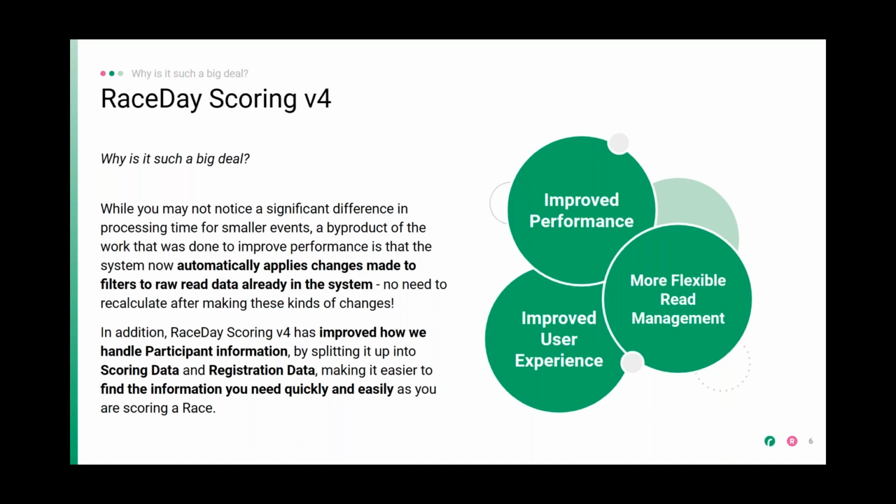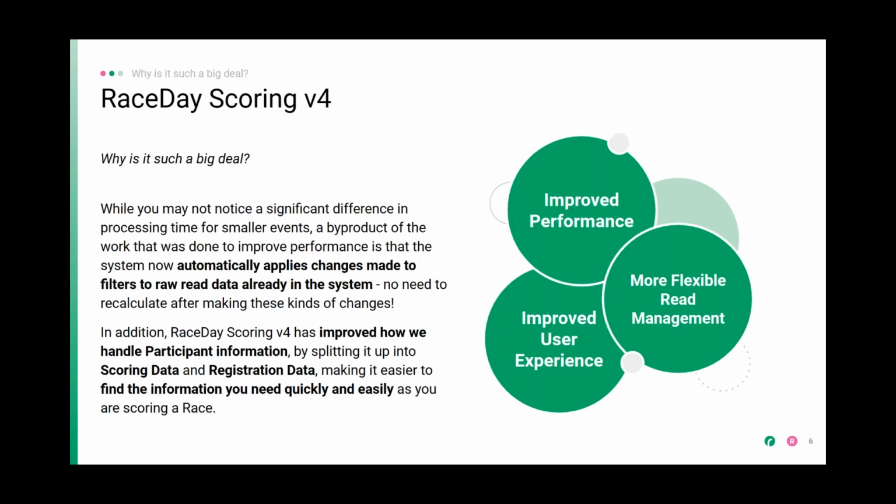For smaller events, you will see that it is faster to process the reads, but you won't see it being that significant. However, a byproduct of this work that was done to improve performance is that it now automatically applies changes made to filters to the raw read data already in the system.